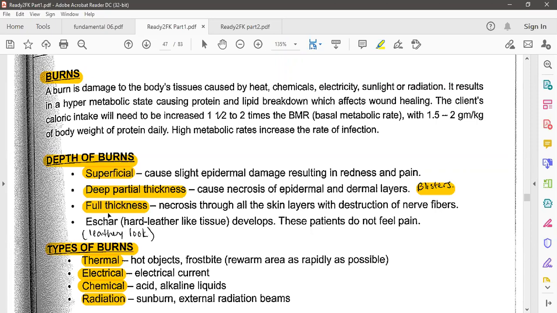In deep full thickness, the damage affects all of the skin layers and extends to the muscle or bones. And a deep full thickness burn has no pain present.